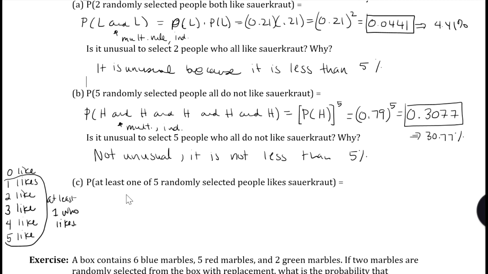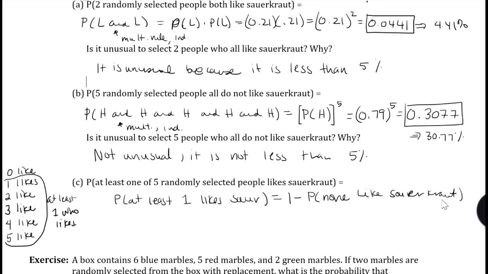Okay, so what we have is a probability of at least 1 like sauerkraut. It's going to be 1 minus this one thing that we didn't want to include. It's the probability that none like sauerkraut. And I wanted to point out that this event right here should be the same in both of those. So we're going to have 1 minus probability.